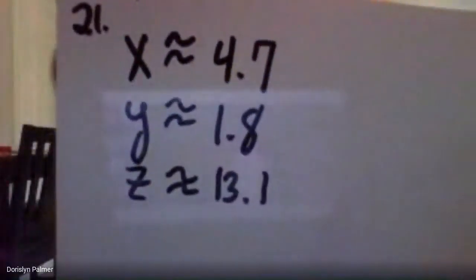For 21, 22, and 23, since you guys did those, I'm going to give you the solution that the book says, and you can check your work. If you don't have that, go back after class and try to get what they say. For 21, x is approximately 4.7, y is approximately 1.8, and z is approximately 13.1.